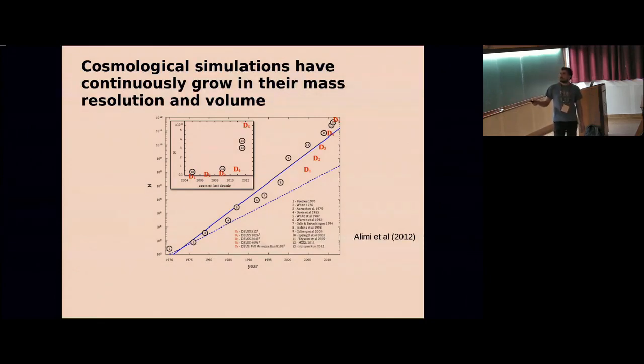Right? And now some of the largest simulations, well, here you can have the Millennium simulation with 10 billion particles. And so we have essentially kept growing even faster than the available computational resources, which is Moore's law here.